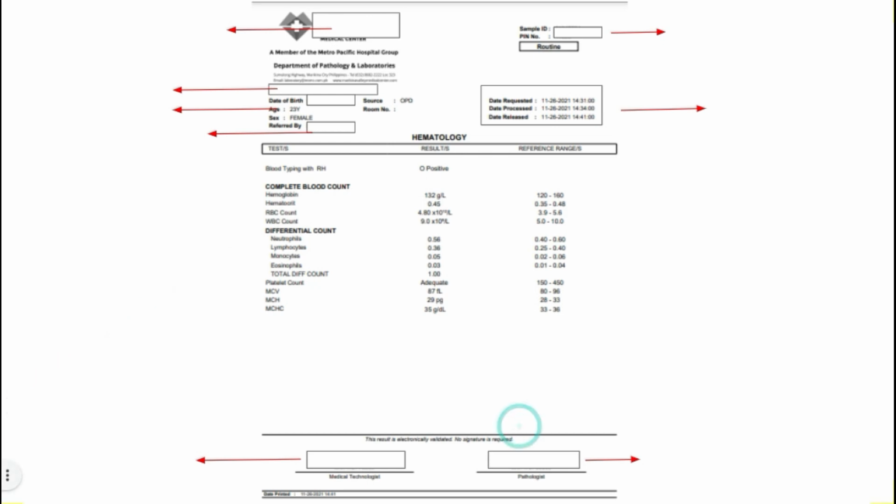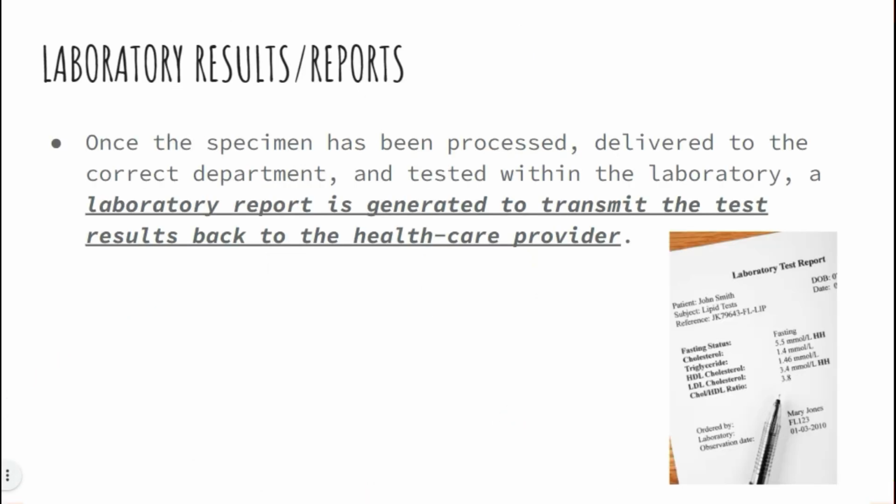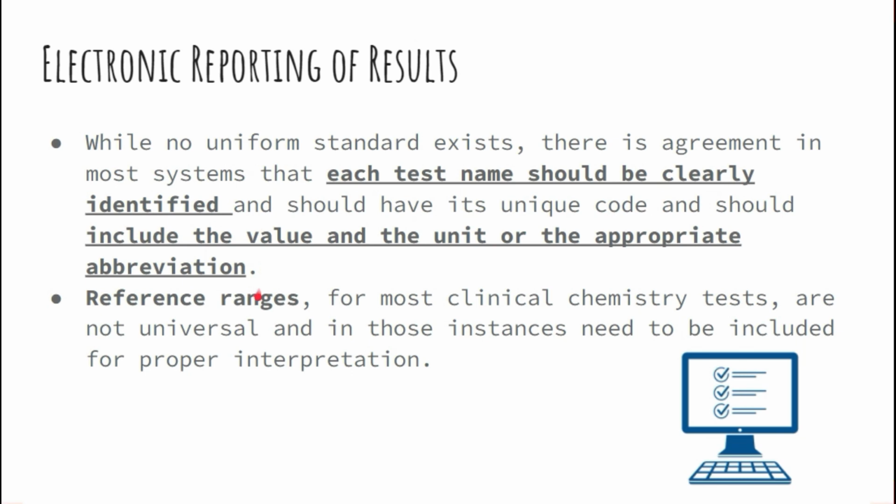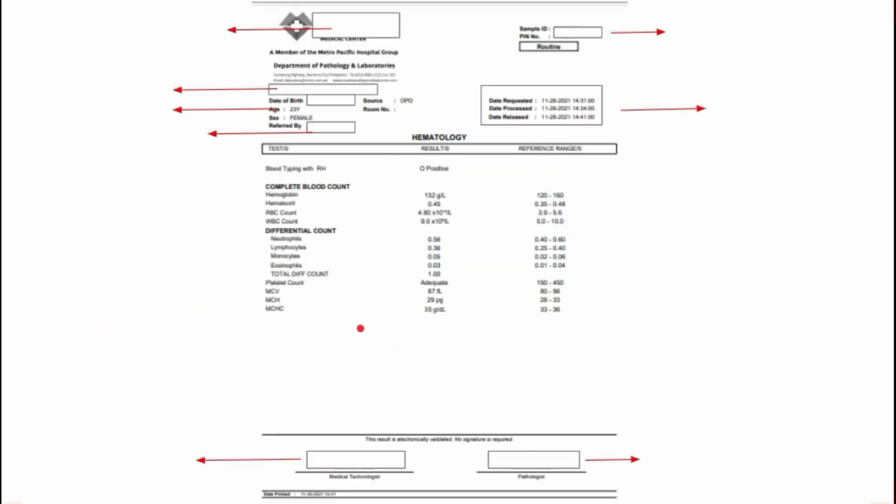Minention po siya dito sa ating lab result form. And then, aside from those, the reference ranges naman for most clinical chemistry are not universal and in those instances needed to be included for proper interpretation. Yung reference ranges naman po or the normal values for each testing, it should also be clearly indicated because again, the reference ranges sometimes are not universal.